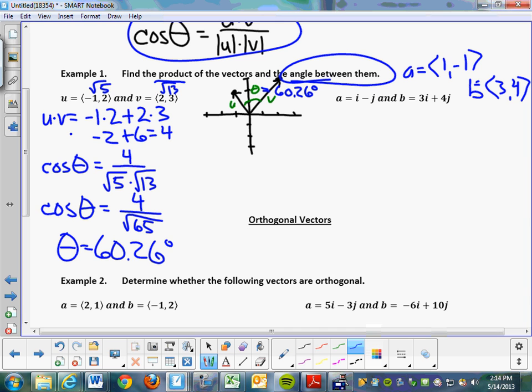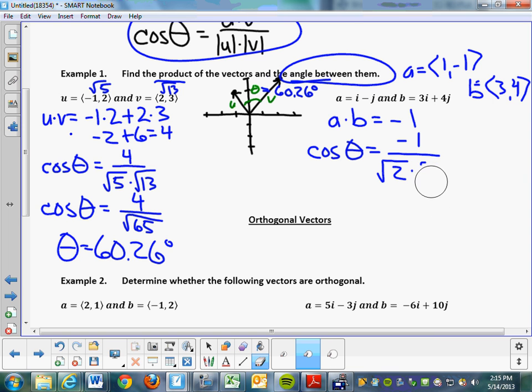Okay, so let's see what you have. What'd you get for the product? Anybody? Negative 1? So then you had the cosine of theta is equal to negative 1 divided by square root of 2 times the square root of, or square root 2 times 5, excuse me.